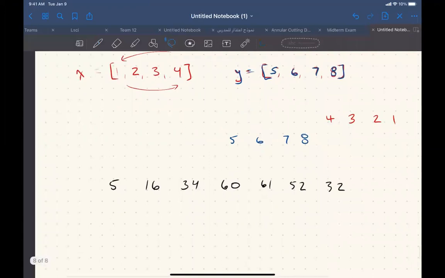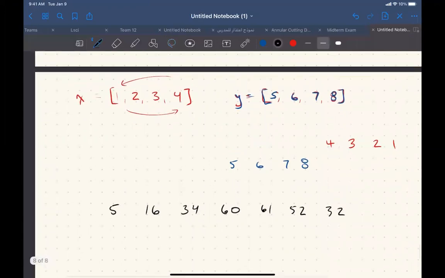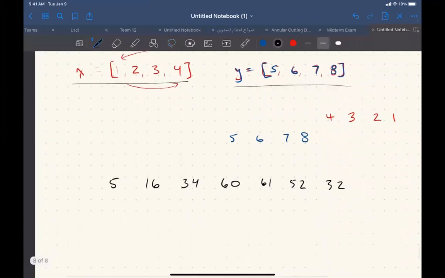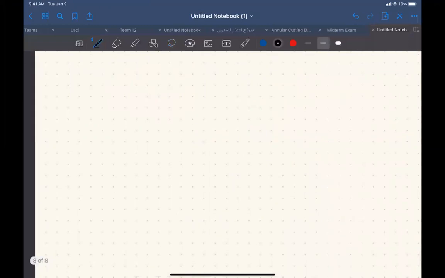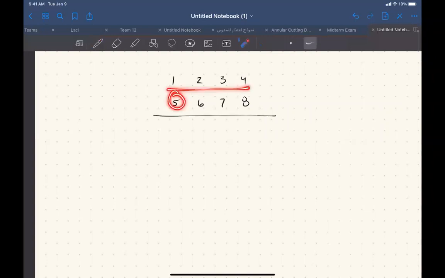There's another way to do it. If you go back to your original, you have x 1, 2, 3, 4 and y 5, 6, 7, 8. You could calculate it like this. First you take 5 and multiply it by every element.